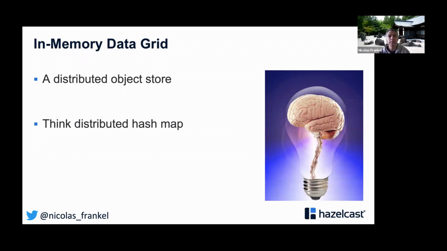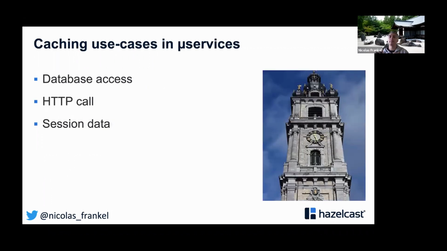And in a microservice architecture, we can have at least 3 different use cases for caching. The first is database access. So once you get the data from the database, you want to keep it in memory. Now, if you are doing microservices, as I mentioned, HTTP calls are very, very slow.